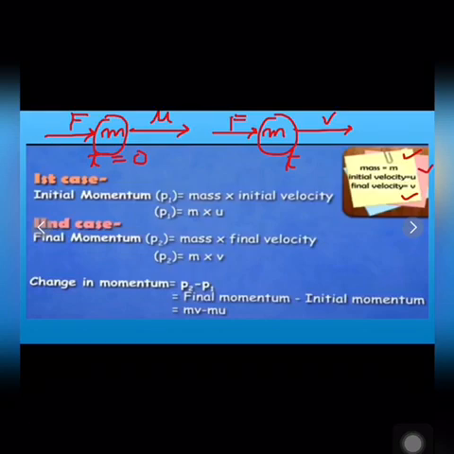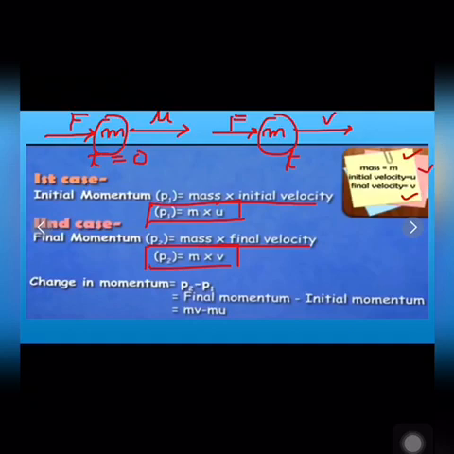So the initial momentum of the body will be equal to mass into initial velocity, which can be written as P1 = m × u, where P1 is the initial momentum, and the final momentum after some time t can be written as mass into final velocity, P2 = m × v.